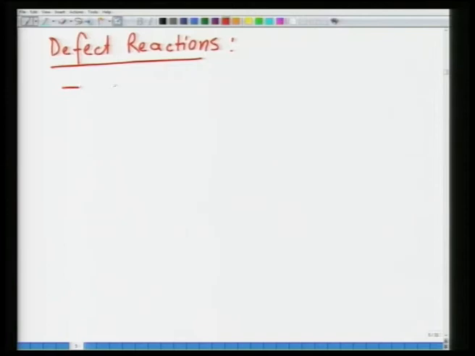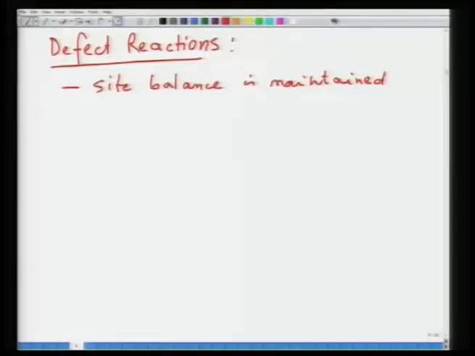The first rule is that site balance is maintained, which means the ratio of the number of metal sites to the number of oxygen or anion sites is always maintained according to the chemical formula.